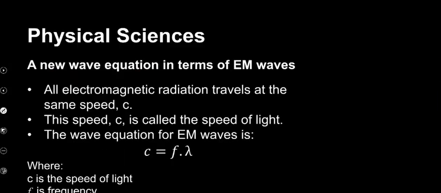We already know that all electromagnetic radiation travels at the same speed, c. This c is 3 times 10 to the power of 8 meters per second, an extremely high speed. And it is called the speed of light.